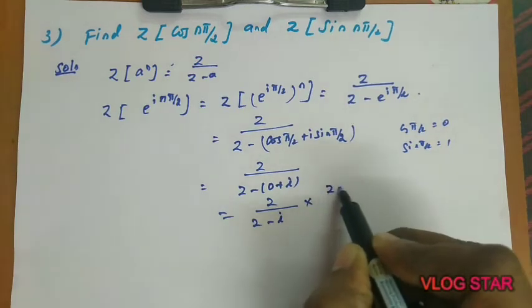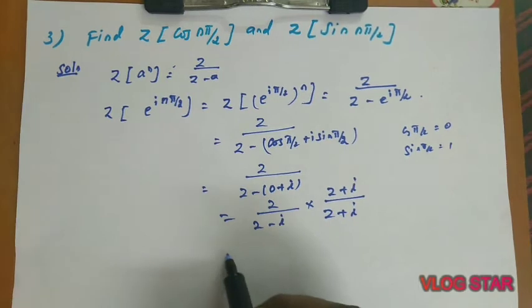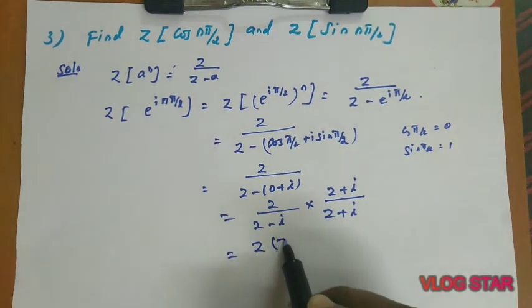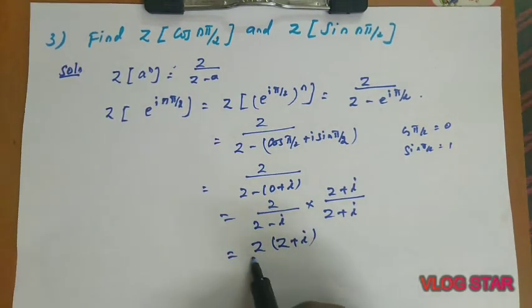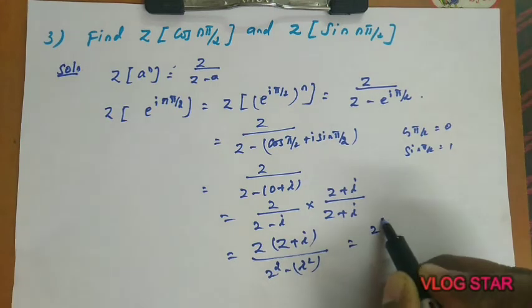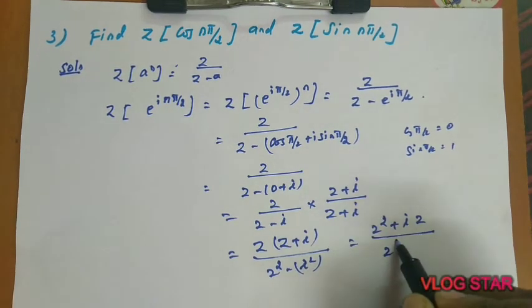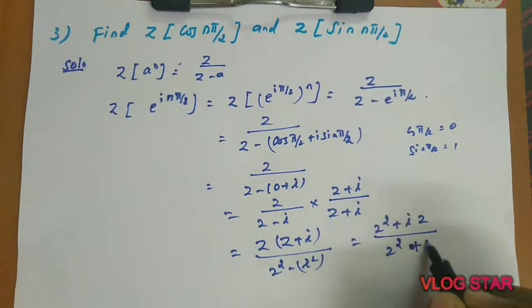Multiplying and dividing by the conjugate, z plus i by z plus i, which is equal to z into (z plus i) divided by z square minus i square, that is z square plus iz divided by z square minus i square. The i square value is minus 1, so minus into minus is plus, so plus 1.